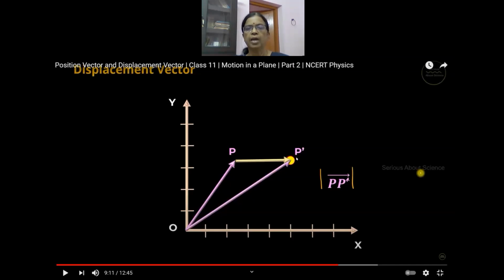So at a time t, it is at P, and it is moving, and it reached P dash. At that time, what is its position vector? A straight line from origin to that point. That is the position vector now. That means at a later time, in a time interval delta t, the body reached the point P dash.